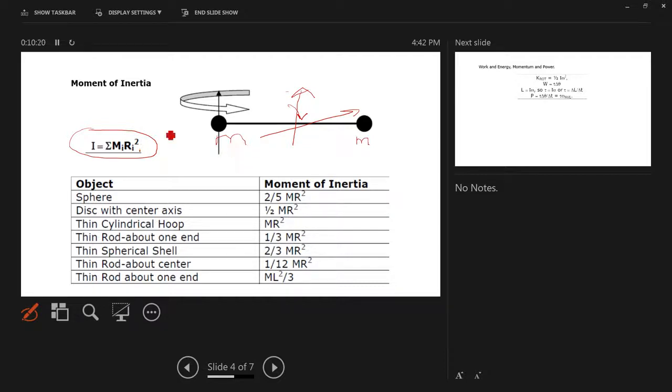Notice the word inertia. Remember, in linear motion, inertia is measured by expressing the mass, and inertia is resistance to being accelerated. And that's Newton's second law, isn't it? The mass m in F equals ma is a proportionality factor that says this is how difficult it is to accelerate this object.